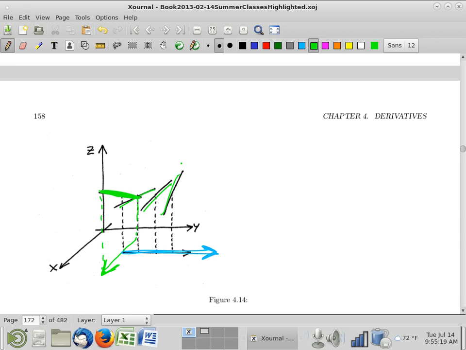And now as I move in the y direction, that's this other way, I'm going to try to represent what this picture shows, which is my x direction slopes changing as I move in the y direction. So I'm going to drag my hand this way, and as I do so, the slope changes. Right? Everybody kind of see what I'm talking about?